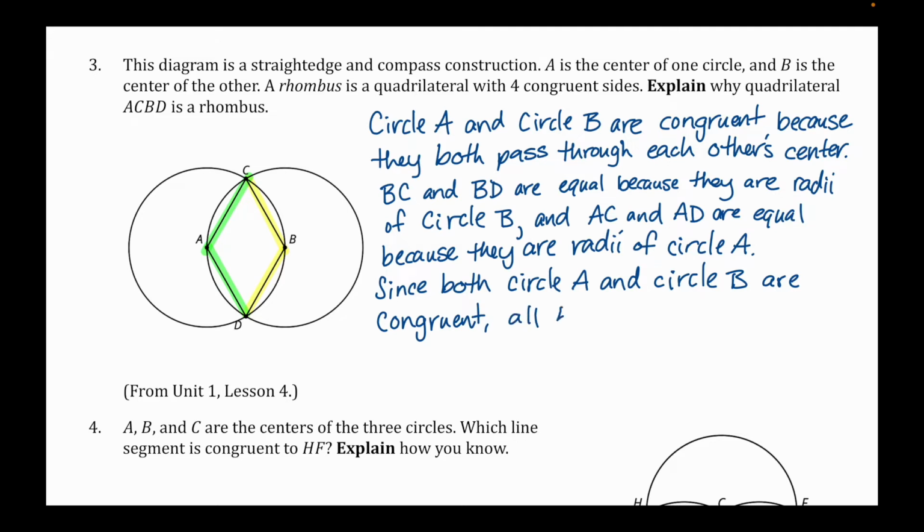All 4 segments are equal. Or congruent. We'll say congruent. That's actually specifically what they asked for, is to explain why all 4 are congruent. And now that we've shown all 4 are congruent, we can say, ta-da, these are all going to be equal to each other with those markings.